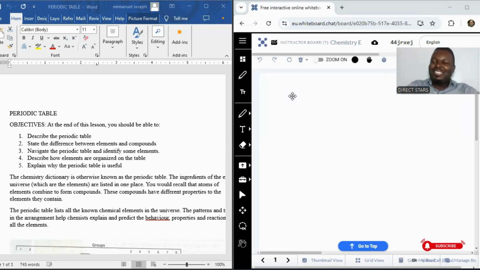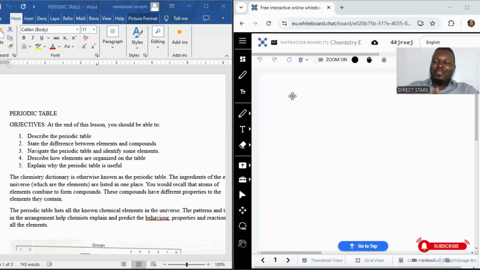The objective of the lesson today would be to describe the periodic table and also state the difference between element and compound, navigate around the periodic table, and observe the trends of elements on the periodic table. And one interesting aspect we are going to be looking at is the history, the development process that the periodic table has followed from many years ago to where we are today.